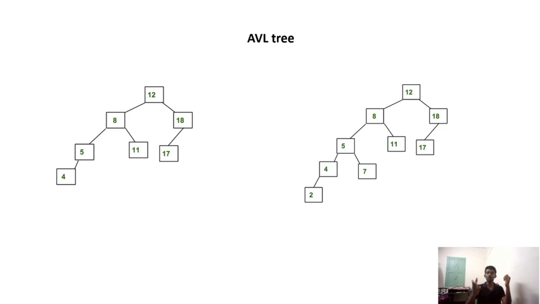So here we can see the longest path goes like 4, and the right side goes like 2. So 4 minus 2 will be 2. It's not equal to minus 1, not equal to 0, not equal to 1. So we can't say it is an AVL tree. To solve this, we use the concept called rotation. If we rotate the respective subtree that is greater, we can obtain a balanced binary search tree.